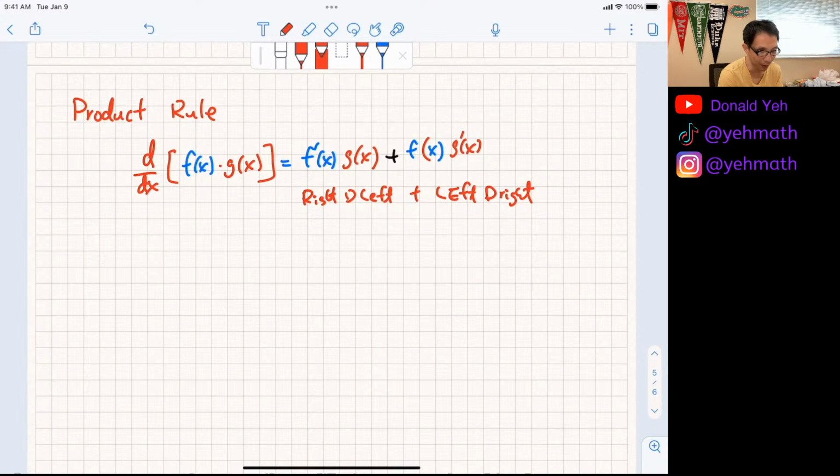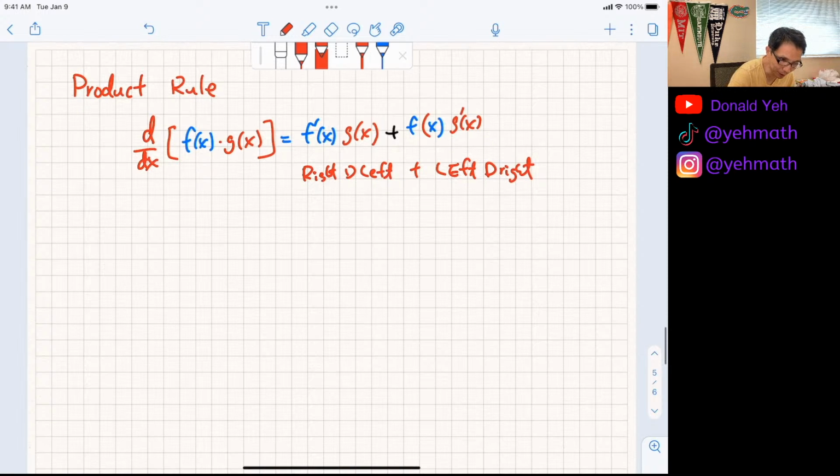You take the right function, you leave it alone, and you take a derivative of the left function, and take the left alone, derivative of the right. It doesn't matter which order first, because since it's adding, it doesn't matter if it's 2 plus 3 or 3 plus 2. It could be left d right first or right d left first. It doesn't really matter.